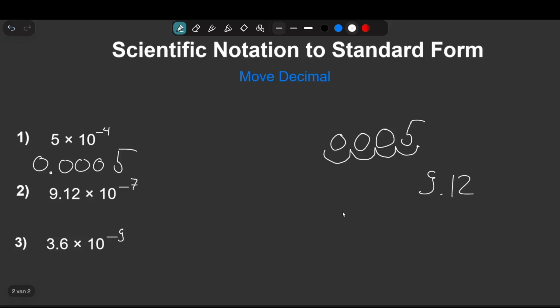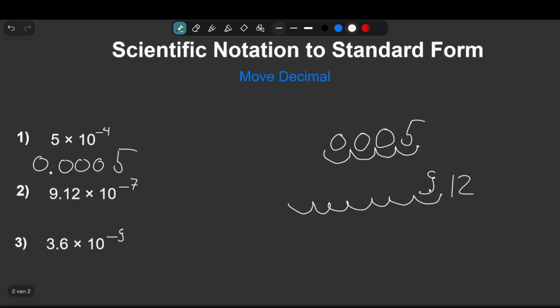Now again, we're going to look at our exponent. Well, we have a negative, so we're going to move the decimal to the left, and we're going to move it 7 times. So let's start with our decimal, which is right here. So don't get confused, the decimal is right here and not at the end of the number. So we're going to move it to the left 7 times. 1, 2, 3, 4, 5, 6, 7.